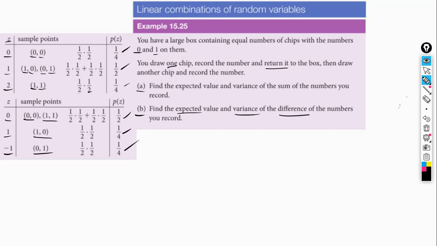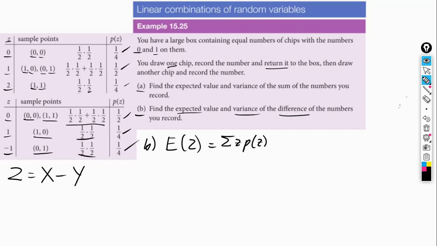If we apply the mathematics, these would be the operations. So again, the expected value, in this case, let's say that the event is z, and this is equal to x minus y. So in this case, the expected value for z will be, and this will give us 0.